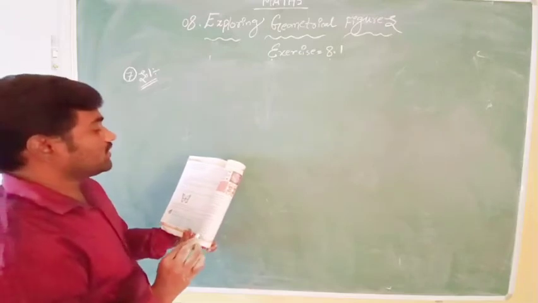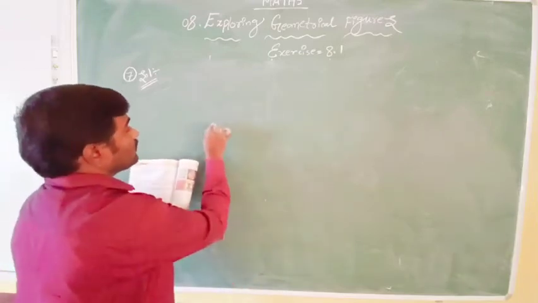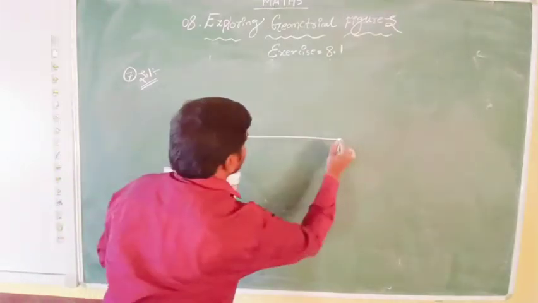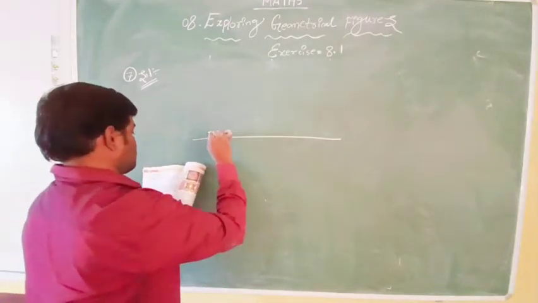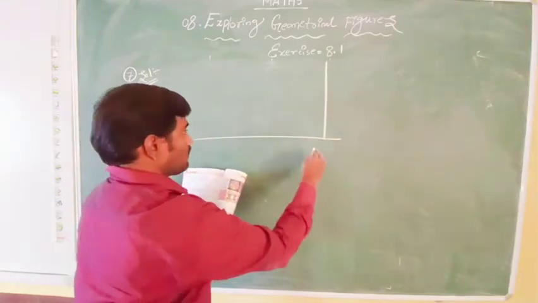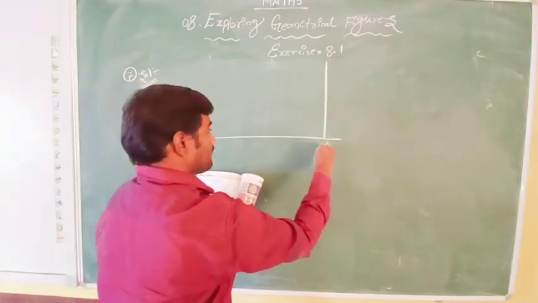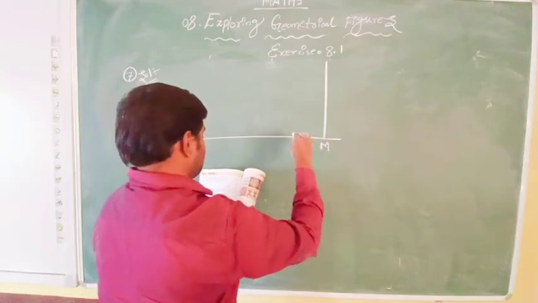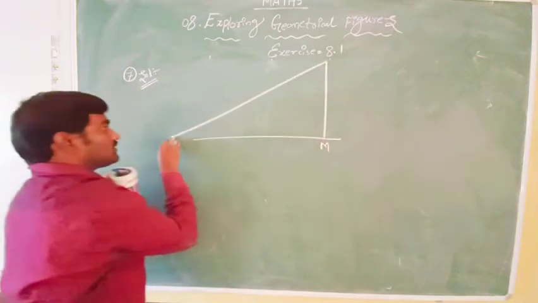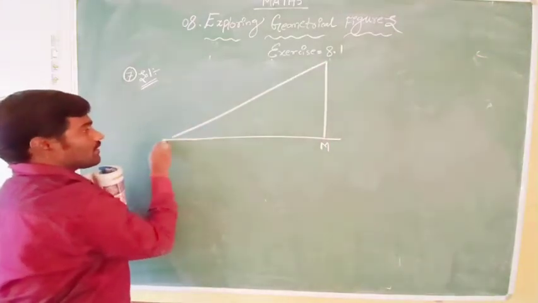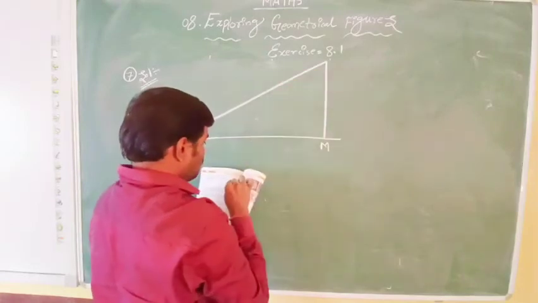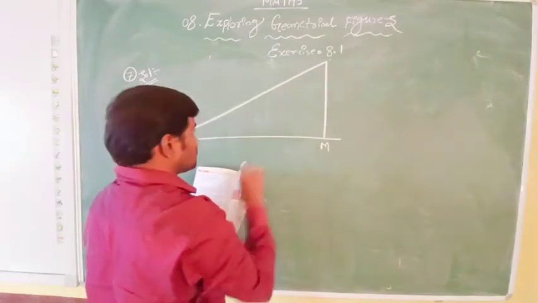So there is one picture here. If you see clearly, here it is M, and here it is. I will draw the first here this way. Then I go for how many? 1, 2, 3, 4, 5, 6.